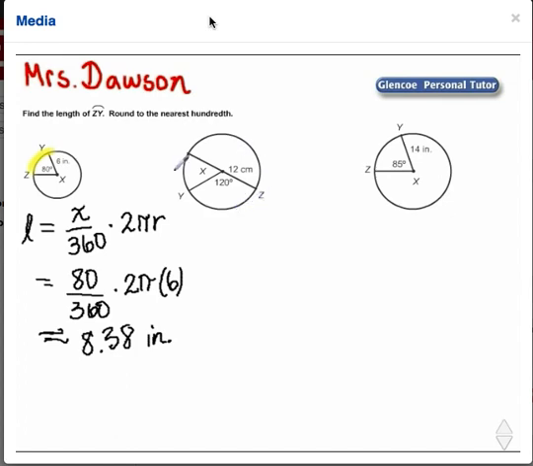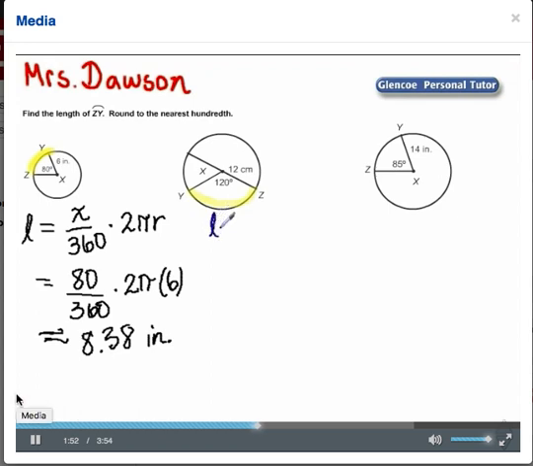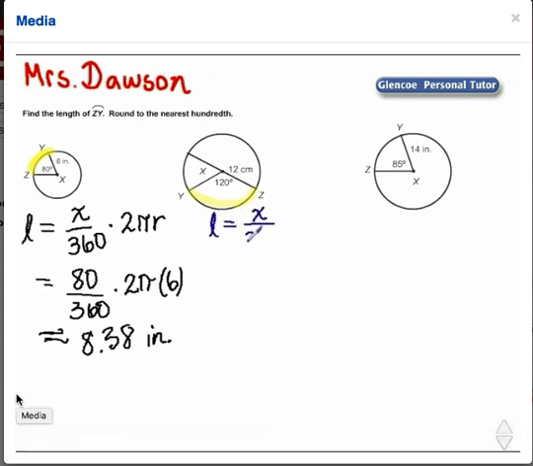The second circle, we're still looking for the arc length of ZY. So the same formula, the arc length is equal to the measure of the central angle divided by 360 times the circumference of the circle. In other words, a fractional part of the circumference.